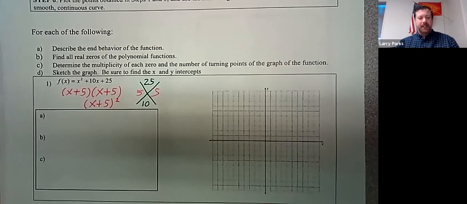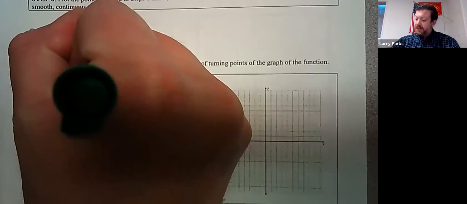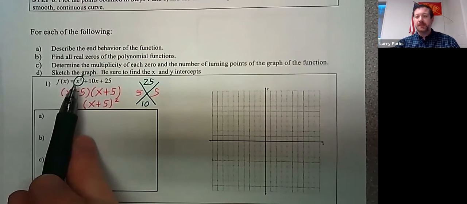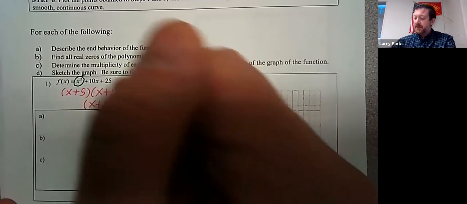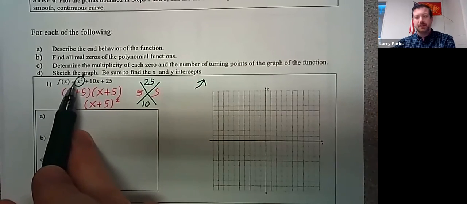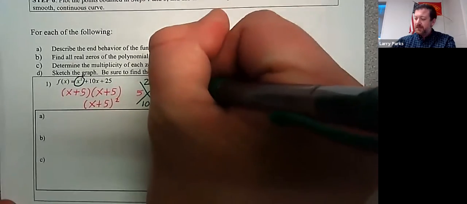So first, A, describe the end behavior. Well, this is my leading term. Because this is positive in front, I know it's going to go up on the right because of the 1. And because of the even, it repeats itself on the left.